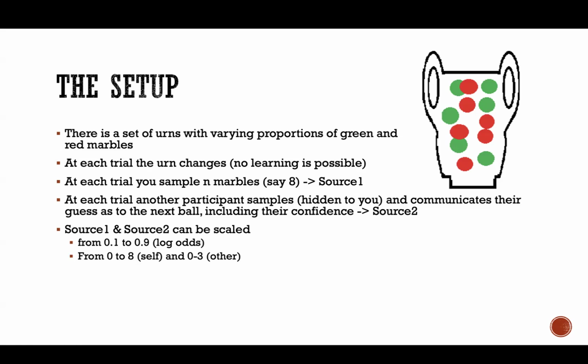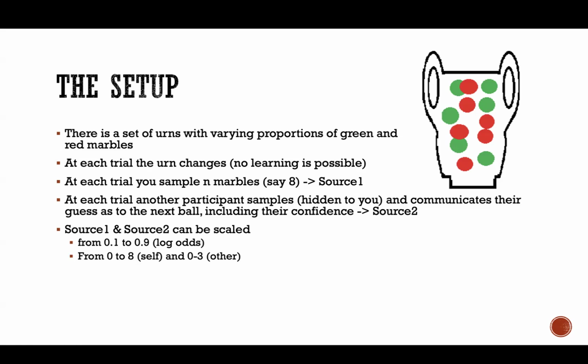Because if we put a very unconfident evidence source, and the participants are treating it as equally strong as the direct perception, we'll see that as a higher weight.